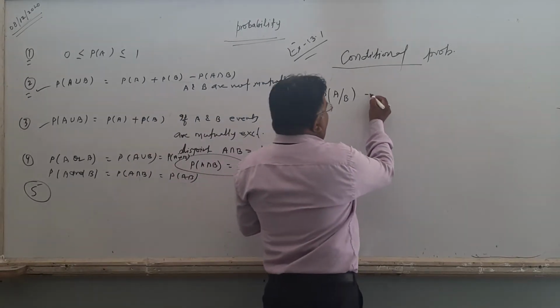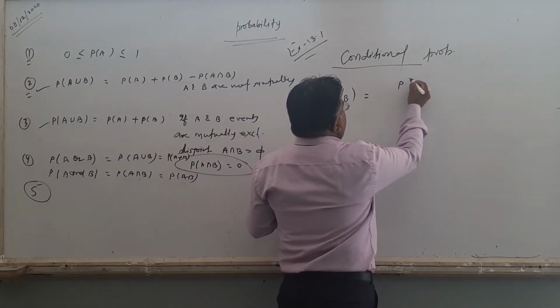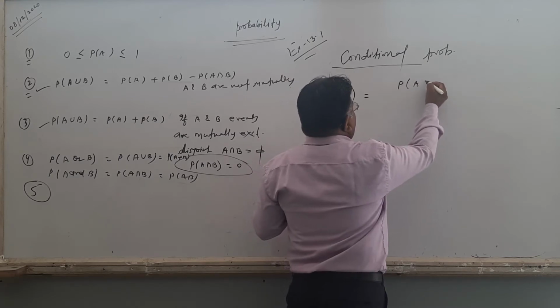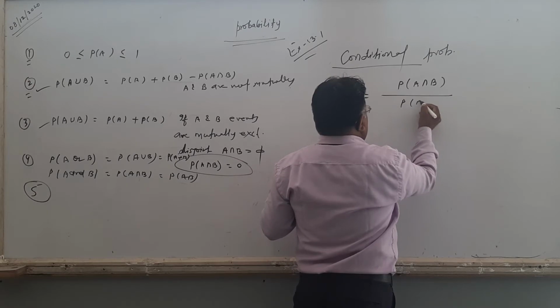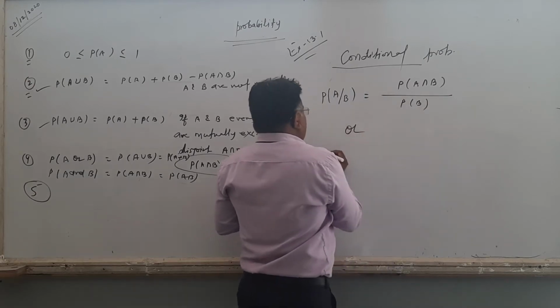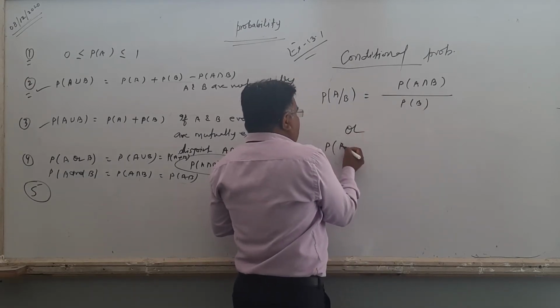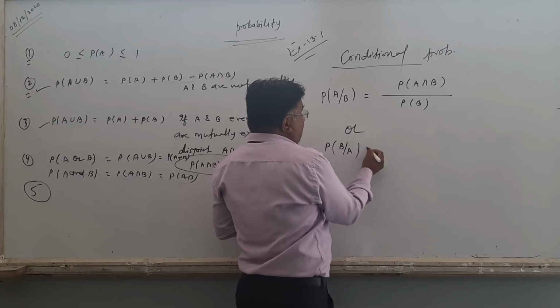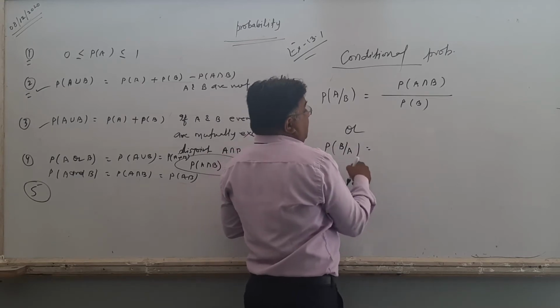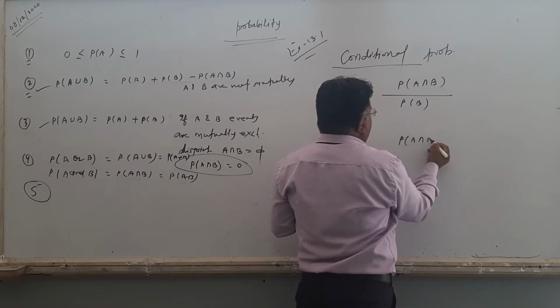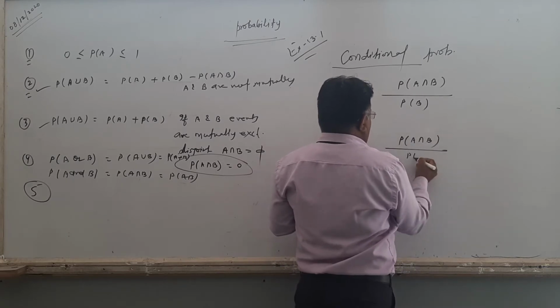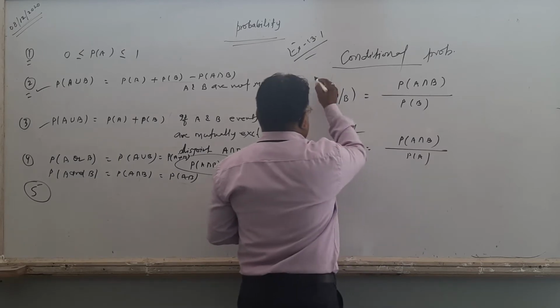So what is the formula? P of A by B is P of A intersection B upon P of B. Same thing, now the formula of P of B by A, that is the probability of event B when A has occurred. So the formula is P of A intersection B upon P of A. So this is conditional probability.